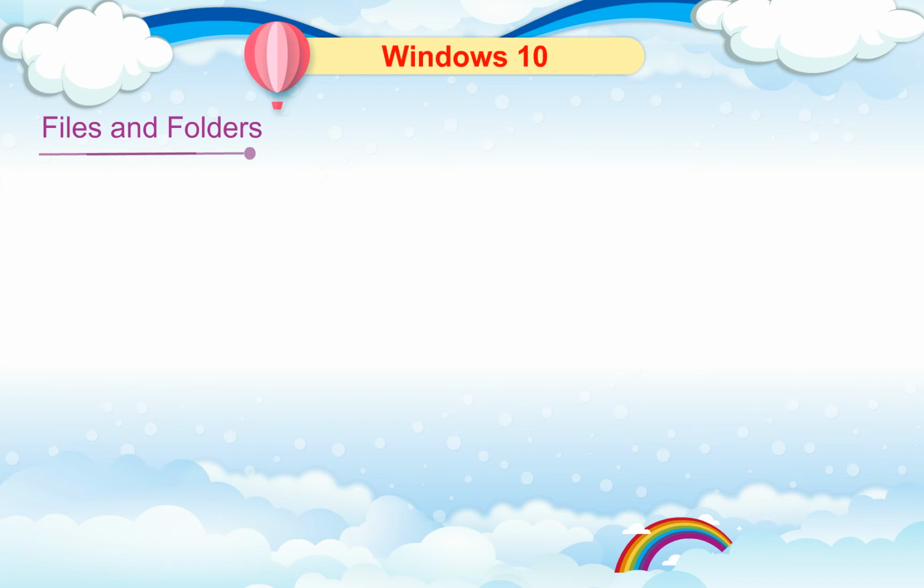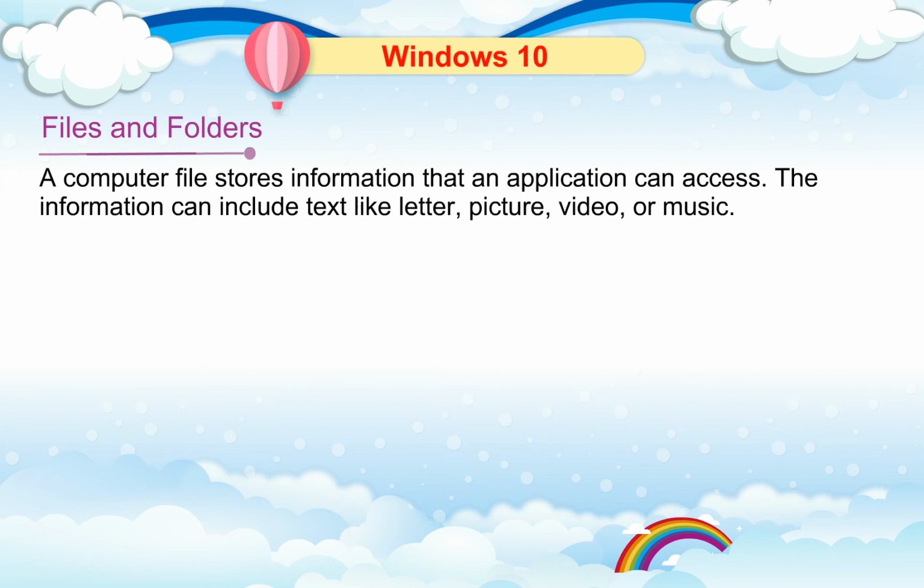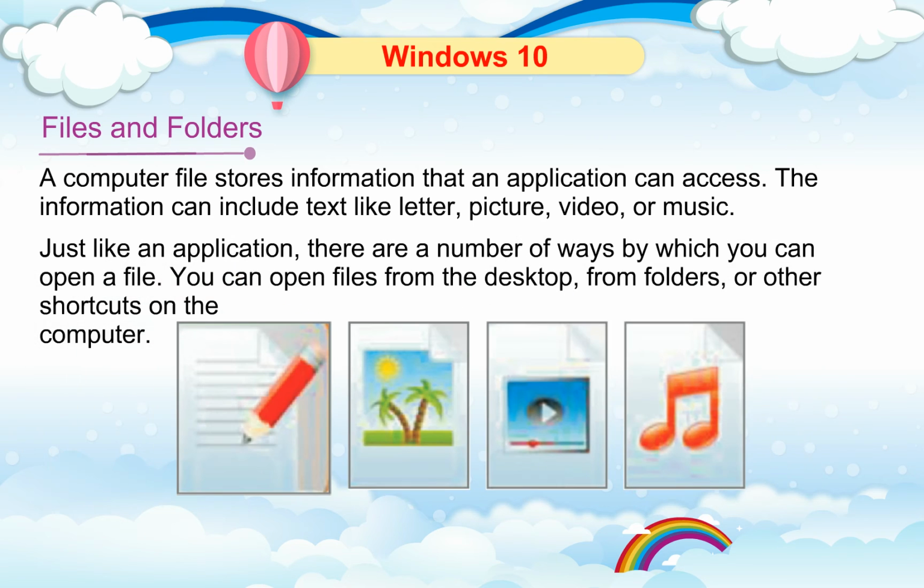Files and folders. A computer file stores information that an application can access. The information can include text like a letter, picture, video, or music.